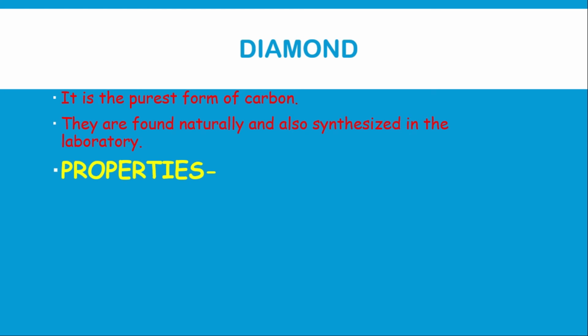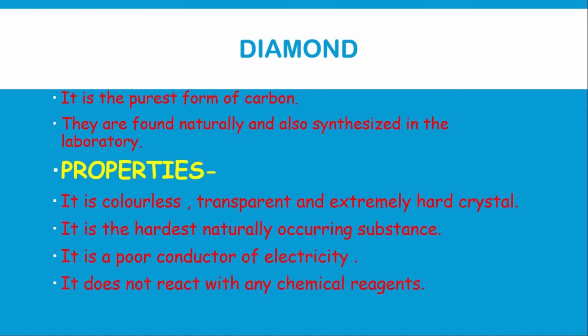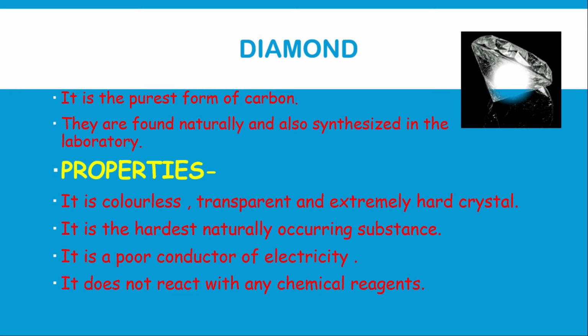If you talk about the properties of diamond, we can say that the diamond is a colorless, transparent and extremely hard crystal, and it is naturally very hard. It is a poor conductor of electricity and it does not generally react with any chemical reagents, including very strong acids and bases.